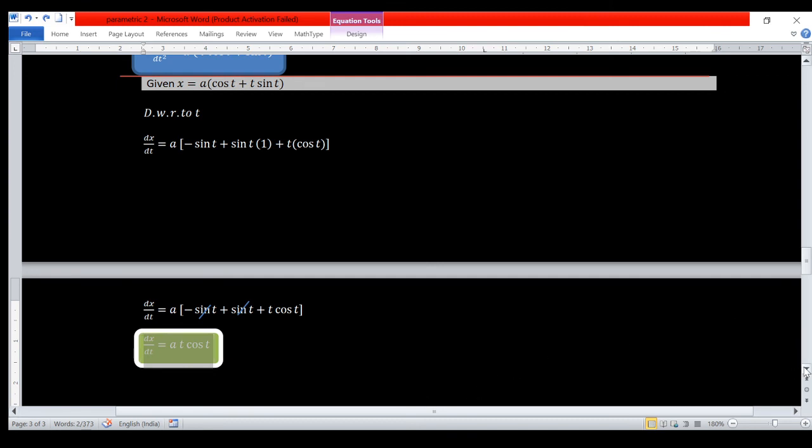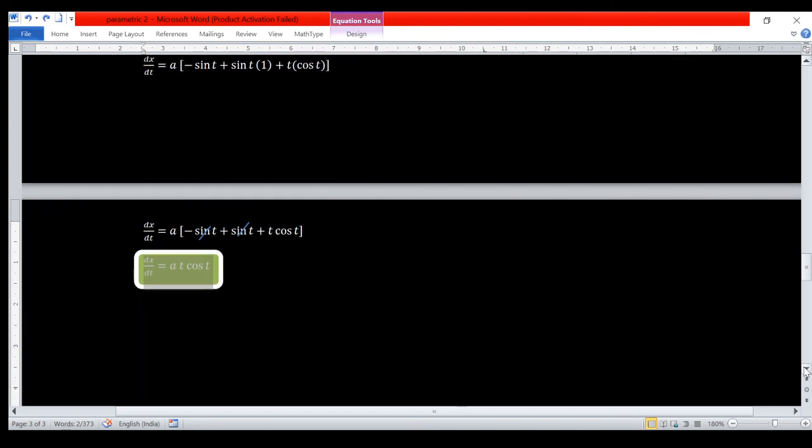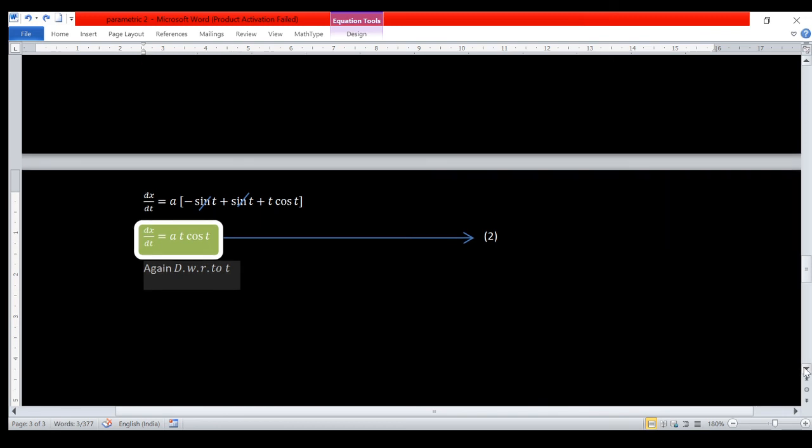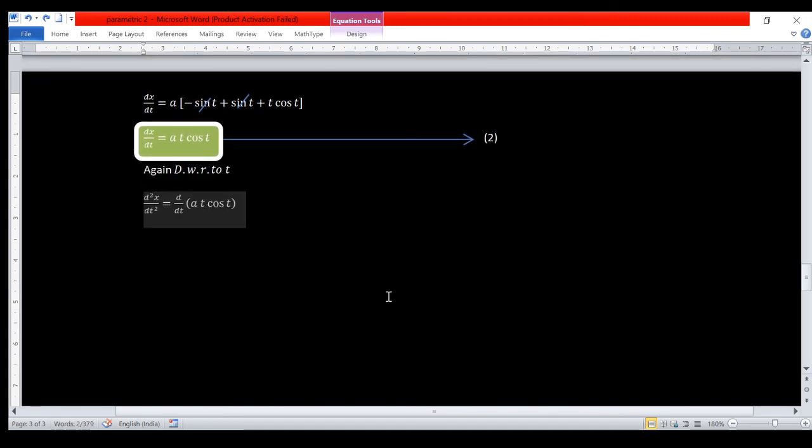So that is what I need in dy/dx. I'll call this equation number 2. Again we differentiate to find d²x/dt². So d²x/dt² is nothing but the differentiation of dx/dt. So a t cos t we calculated in the previous step. A is constant, we'll keep it away.